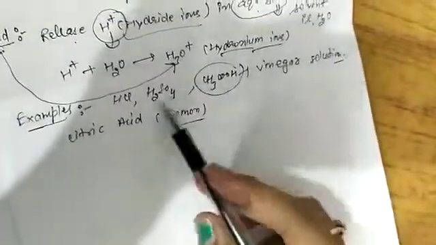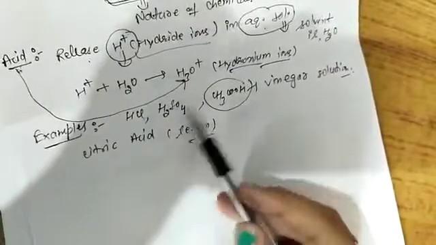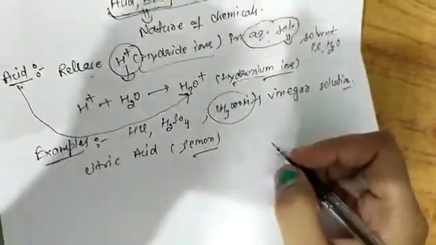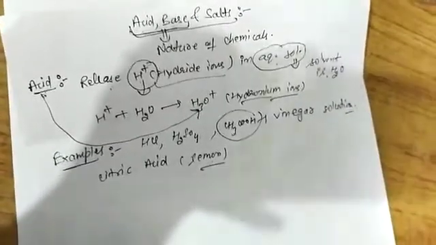All these are examples of an acid. All these substances release H positive ions in aqueous solution, so these are considered as an acid.